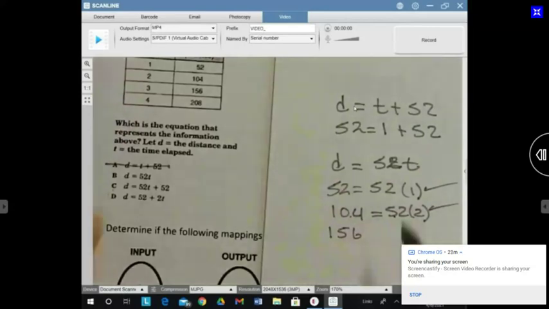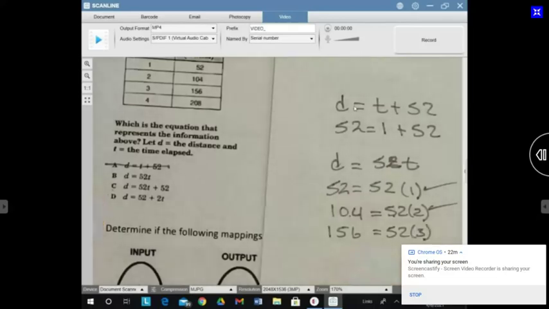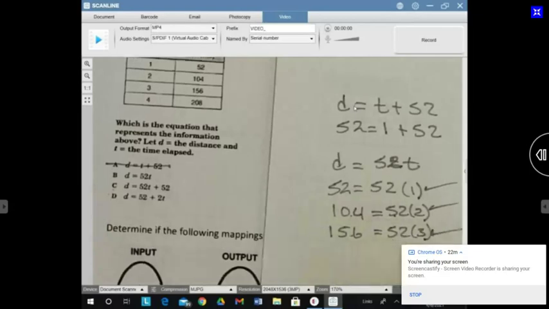And as long as it's true, I want to keep going. What's 3 times 2? 6. And 3 times 5? So that would give me my 156, wouldn't it? Okay. Last one I got to check.